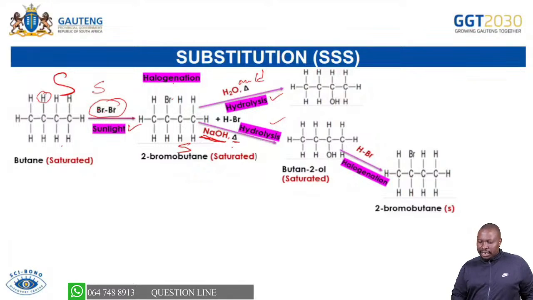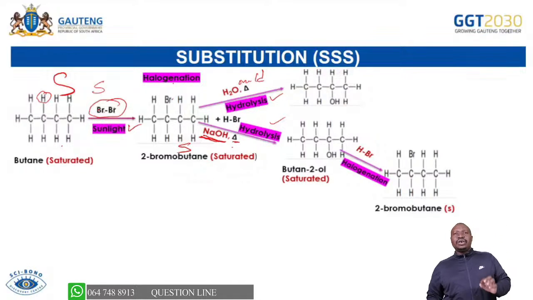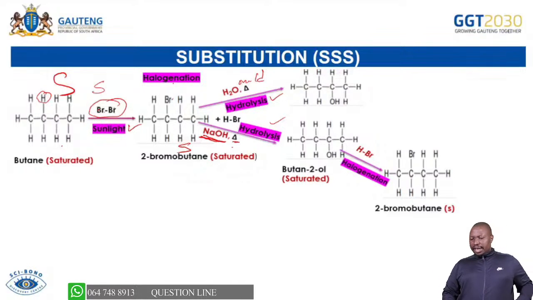Our heat is mild as far as these 2 hydrolyses are concerned. Please know this hydrolysis, we can use water, we can use dilute strong base, which is our sodium hydroxide or potassium hydroxide. In that way, you are able to form your alcohol. The reaction is called hydrolysis, and then we're able again to introduce the Br, then that will be halogenation. So that is substitution. How do you see it?